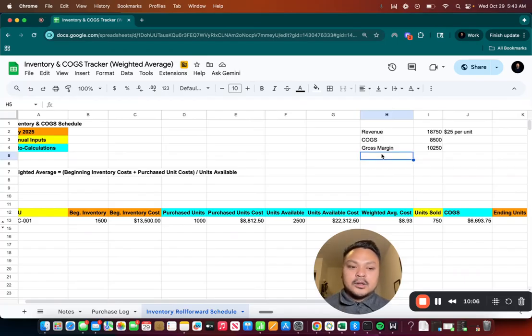I know for a lot of brand owners, cash flow is probably the number one issue because you're spending and reinvesting so much in inventory. So just making sure that number is accurate, that your gross margins are in line with your cash flow, is important to run a healthy business and to make sure that you continue to grow. So yeah, that's about it.